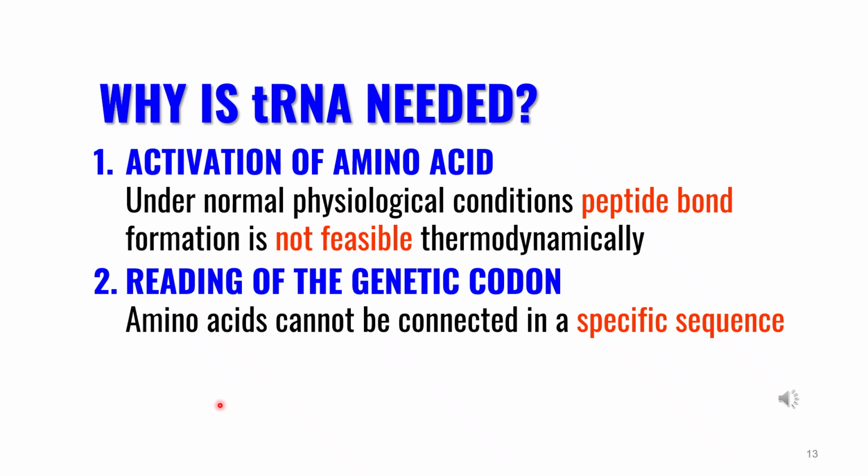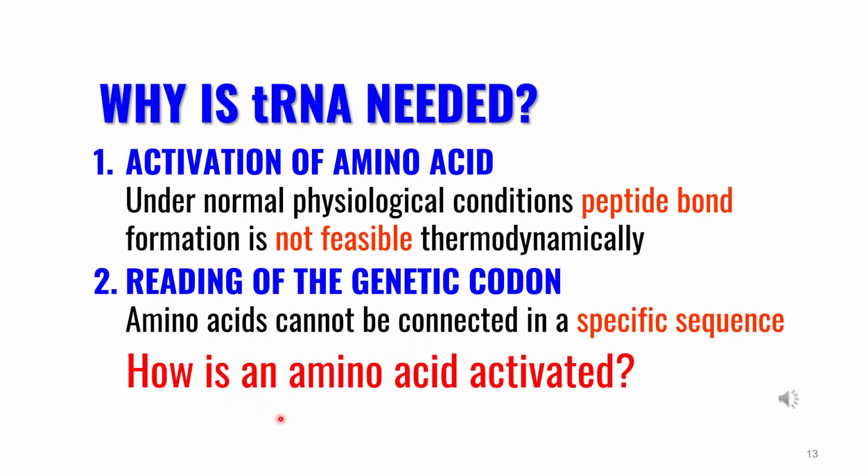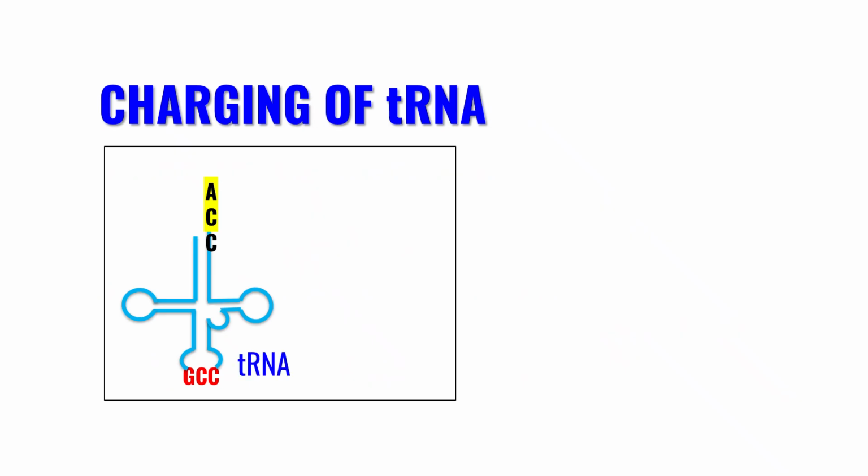The question is, how is an amino acid activated? So amino acids are activated by their binding to their corresponding tRNA, which is known as charging of tRNA. This reaction is also known as aminoacylation of tRNA.